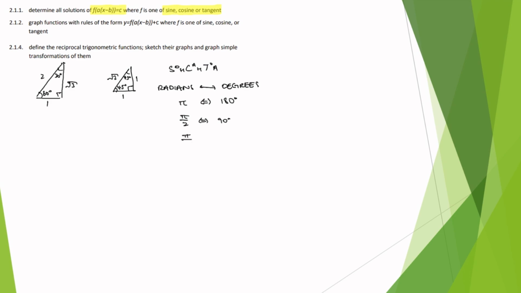Pi on 3 is 60 degrees. Pi on 4 is 45 degrees. And pi on 6 is 30 degrees, sorry. Okay, so these are some important radian angles that we need to memorize because they correspond to the exact values that we know.